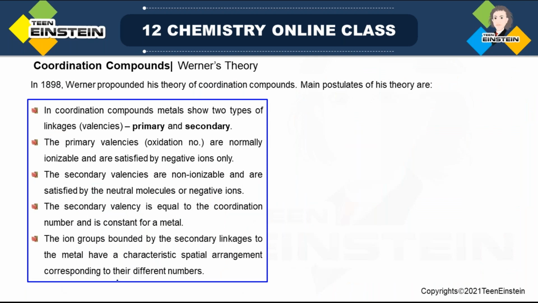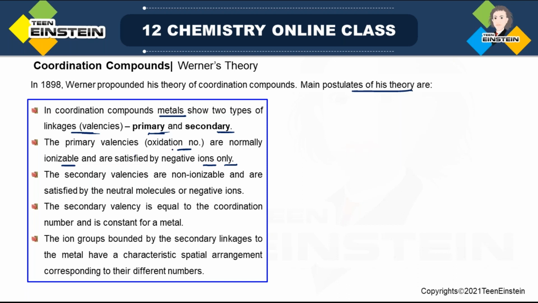Now the experiments we have seen. Next, what we will do, we will try to see what are the main postulates that are found from this experiment. So these are the main postulates of his theory. In coordination compounds, the central metal shows 2 types of linkage, or you can say 2 types of valency. One is primary valency, another one is secondary valency. Now, primary valencies are basically the oxidation number, normally ionizable, satisfied by negative ions only.